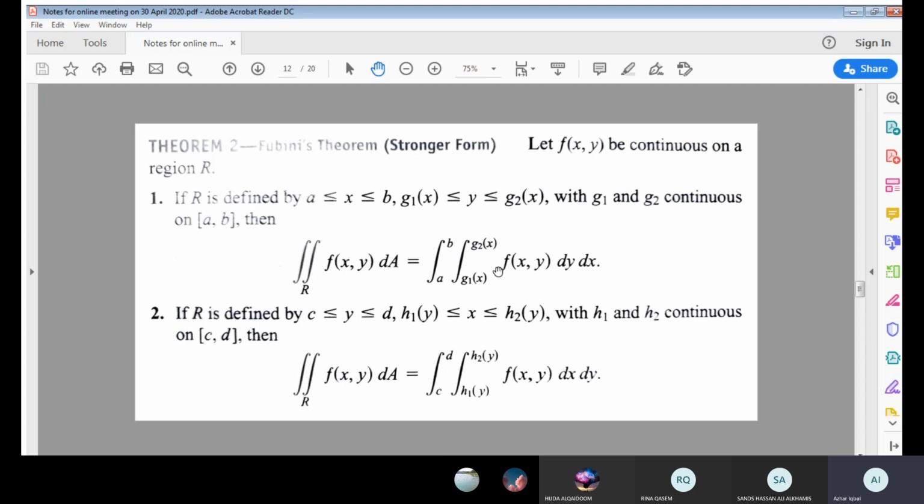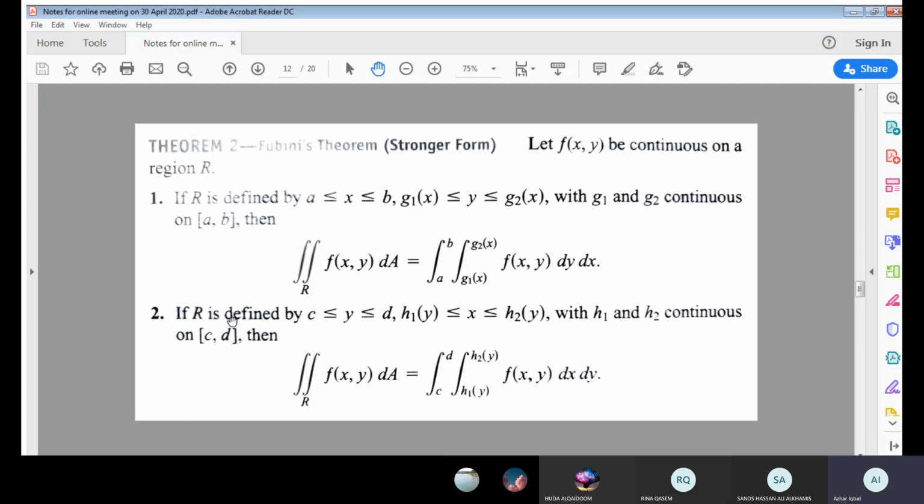So you integrate f(x,y) with respect to y first, considering x constant, and the resulting expression becomes a function of x only. This is then integrated with respect to x, when x is changing from a to b.